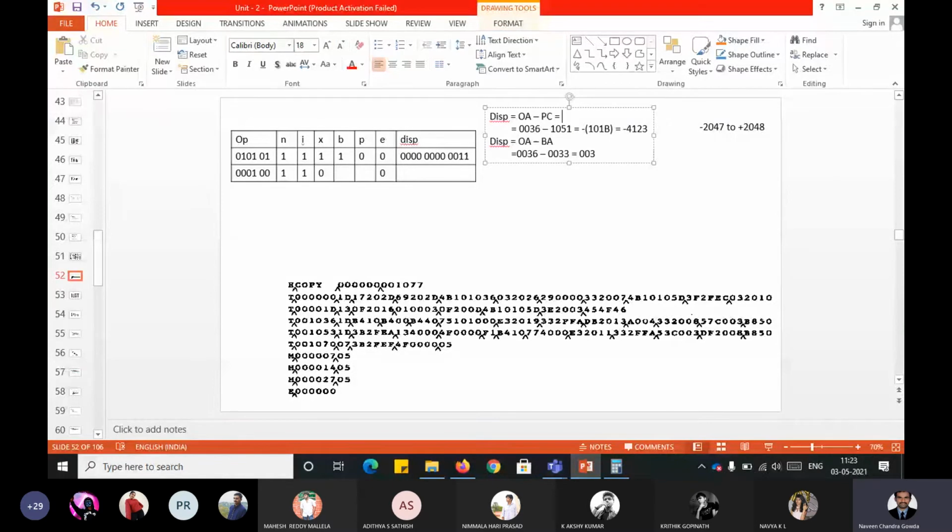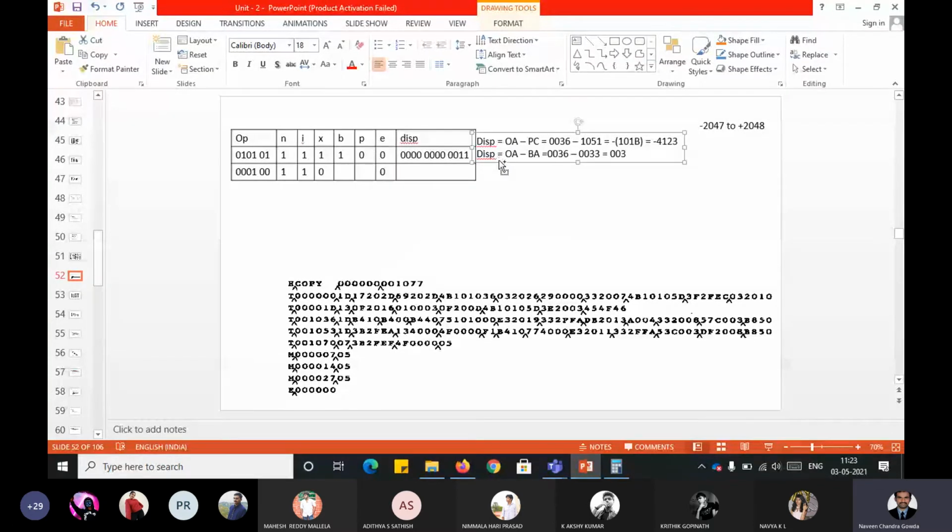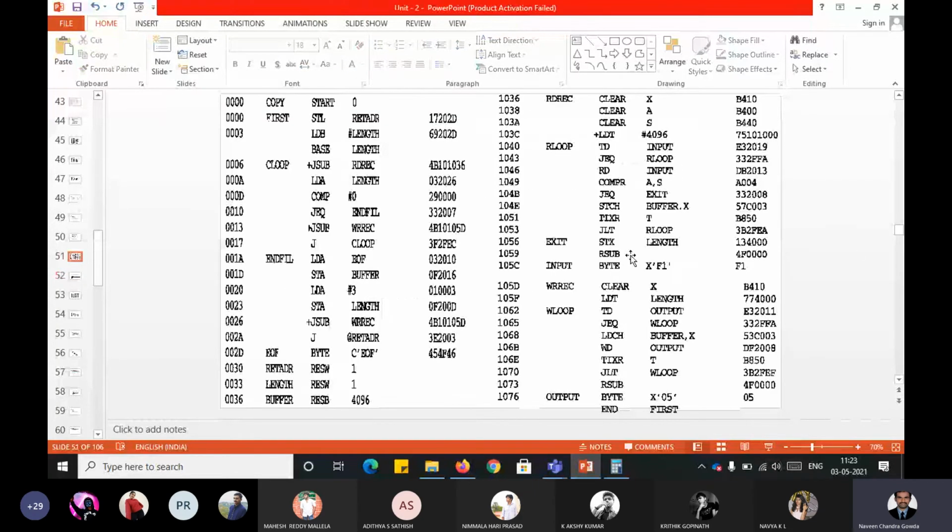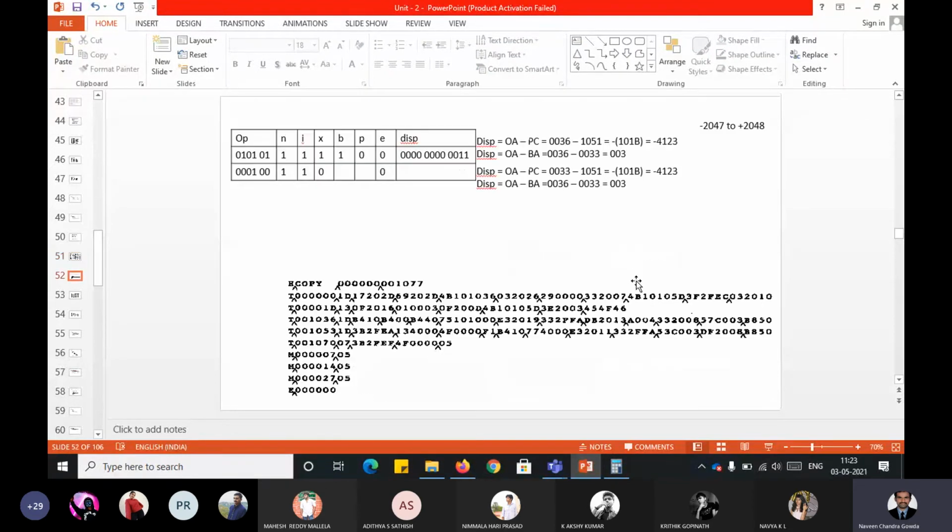The same way I'll just write here for the STX length. Operand address is what? Address of length is 0033 and the PC value for this STX length is 1059. So it is 0033 minus 1059, which is the same as 1059 minus 0033 in hexadecimal.